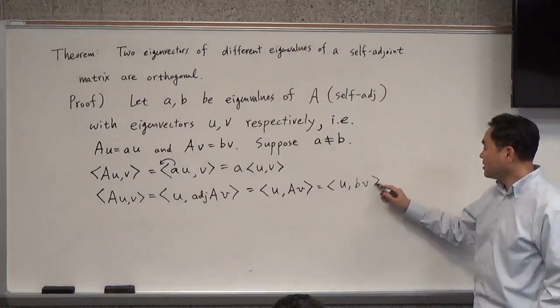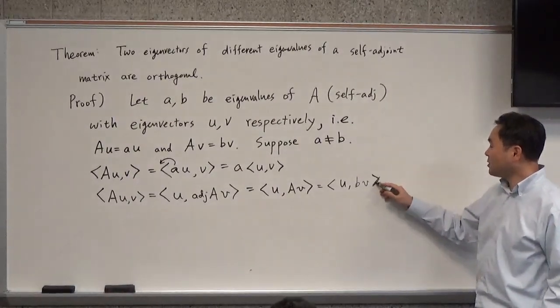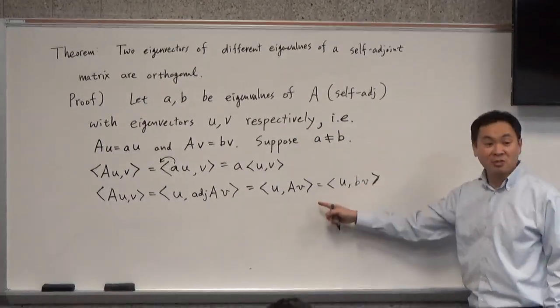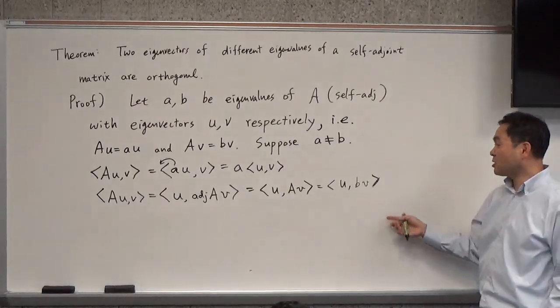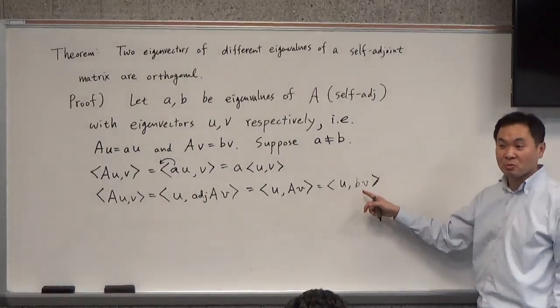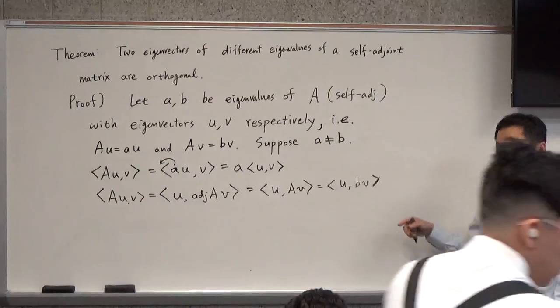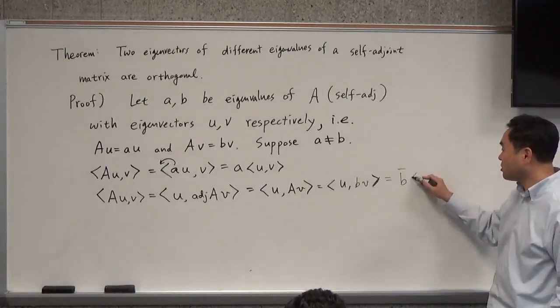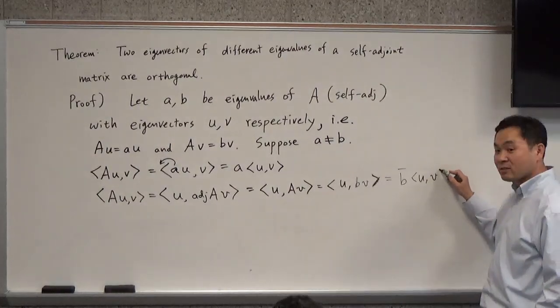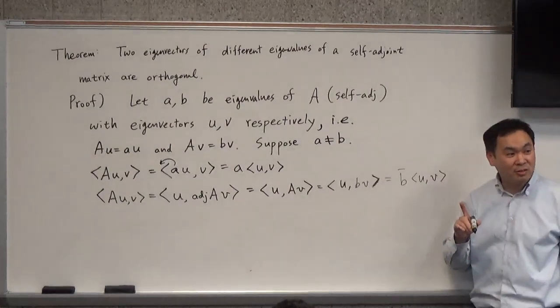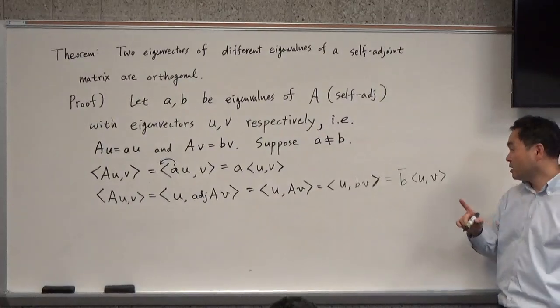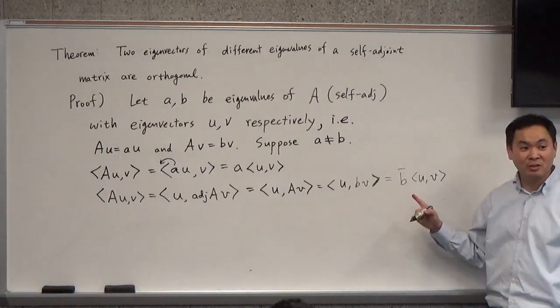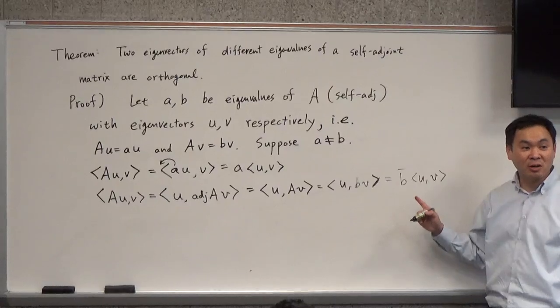And then, if it's a real inner product, then b just comes out. Nothing has to be done. But if it's a complex one, b comes out as a complex conjugate. But wait. We know something about a and b. These are eigenvalues of a Hermitian matrix.